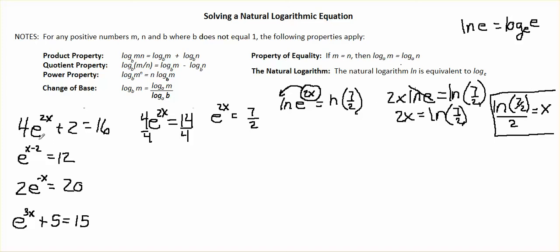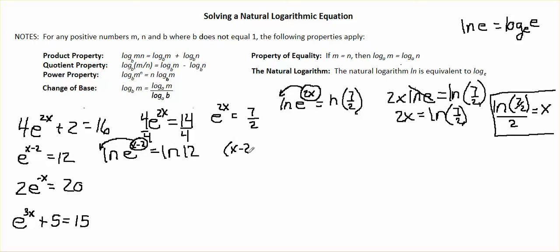Alrighty, so let's take a look at this equation right here. Our exponential part, the part that has our variable in the exponent, is already isolated. So let's go ahead and take the natural log of both sides because we are using the natural number. We have the natural log of e to the x minus 2 equals the natural log of 12. And again, we're going to take our exponent and move it to the front by using our power property.